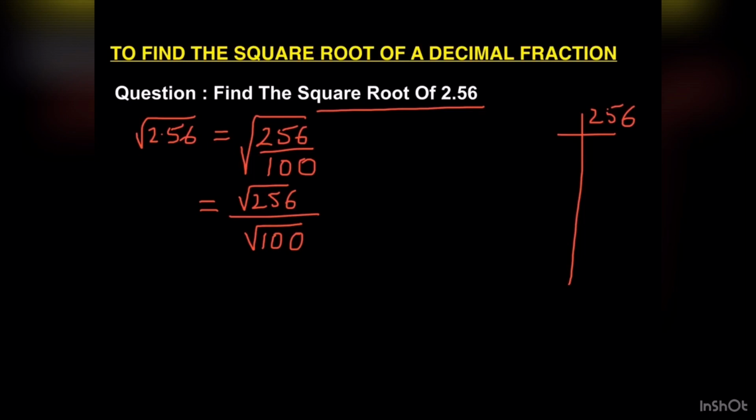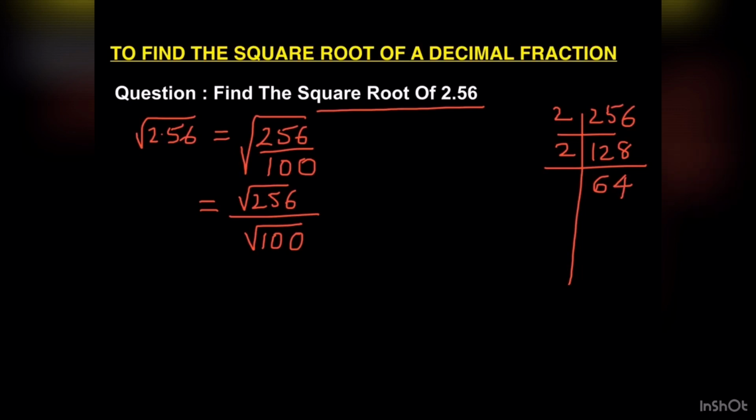Now we see here 256 is an even number, so we can divide it by 2. 2 times 128. Again 128 is an even number, so we can divide it by 2. 2 times 64 gives 128.